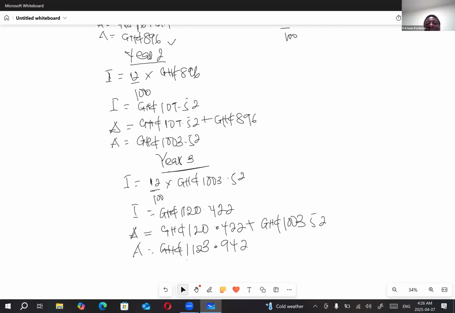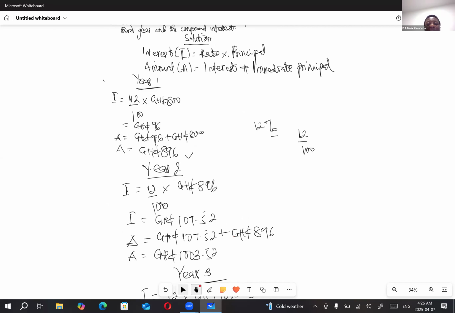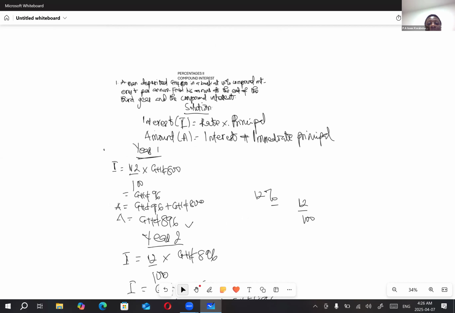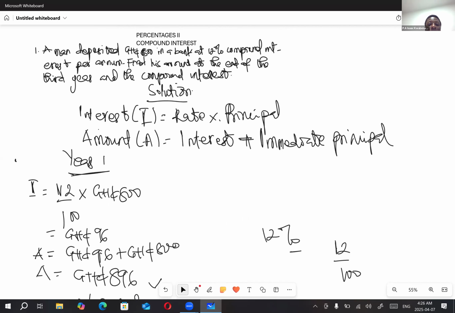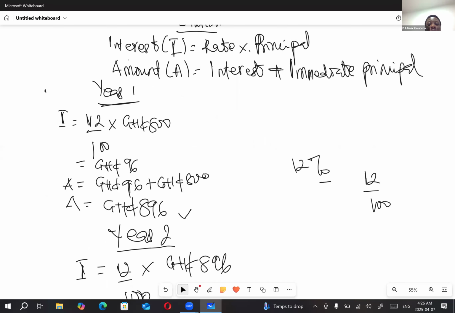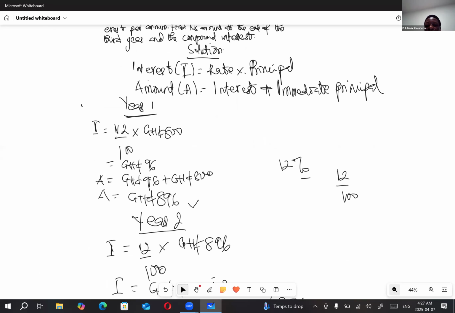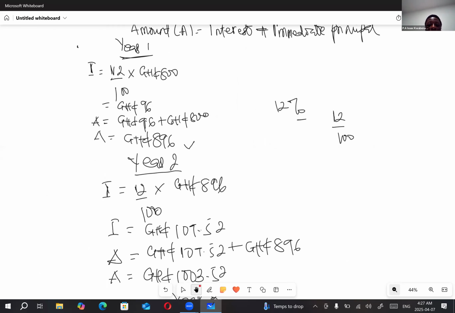Now, the question didn't just ask you to find the amount. It says find the amount at the end of the third year and the compound interest. Compound interest means we want to know the total interest the person has gotten, and it can be found in two ways.